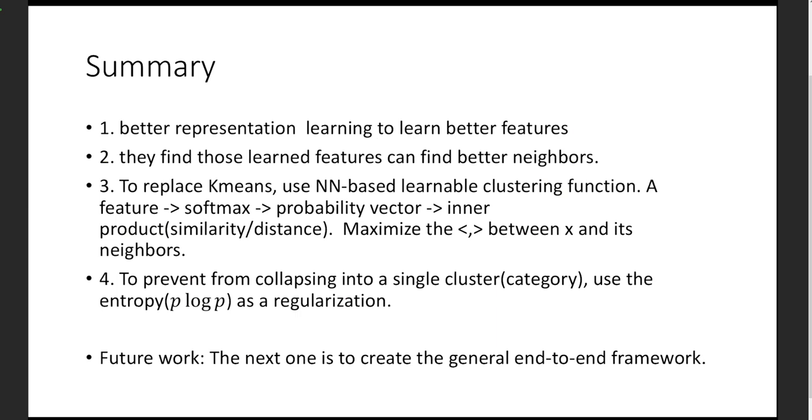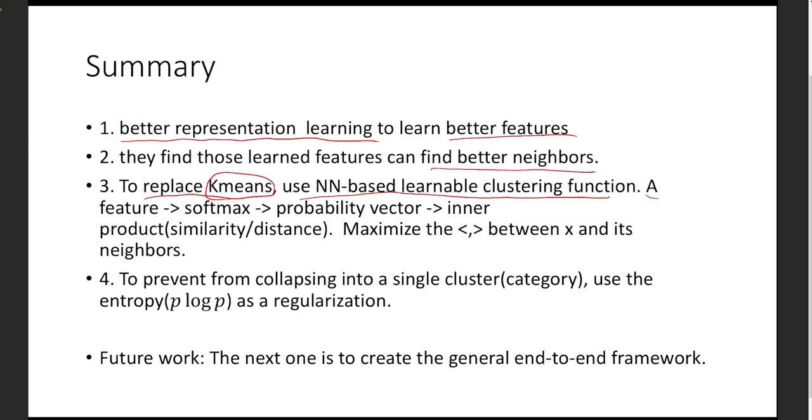So in summary, they combine different components together. This paper is based on contrastive learning or feature learning. They use a better learning method to learn better fixed features. Then they found those learned features can find better, more accurate neighbors. Then they replace k-means with a neural-network-based learnable clustering function.